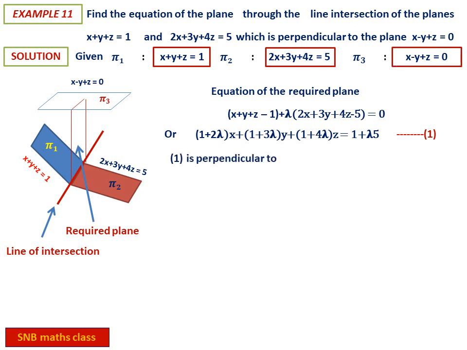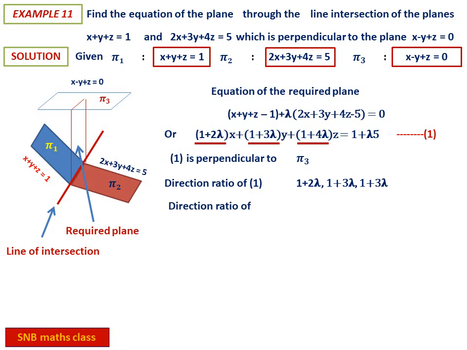Now equation 1, the required plane, is perpendicular to pi 3, that is x minus y plus z equal to 0. The direction ratios of the normal to the plane in equation 1 are 1 plus 2 lambda, 1 plus 3 lambda, and 1 plus 4 lambda. Similarly, the direction ratios of the normal of pi 3 are 1, minus 1, 1.